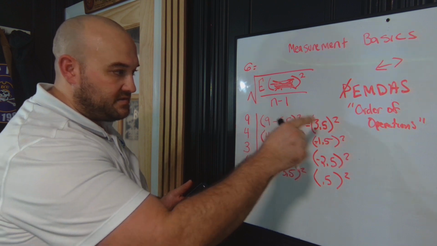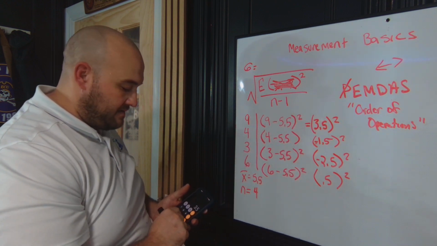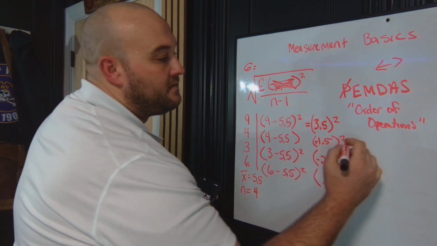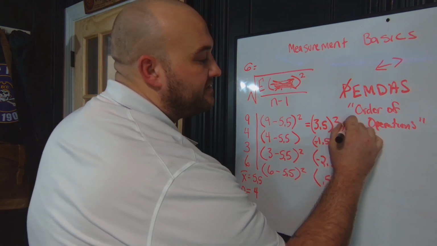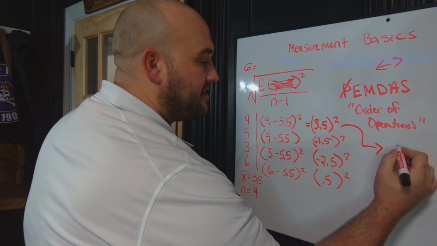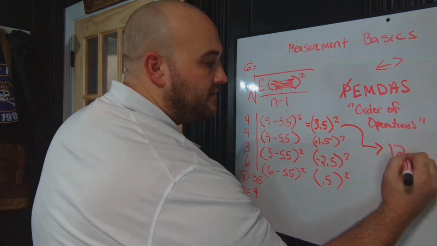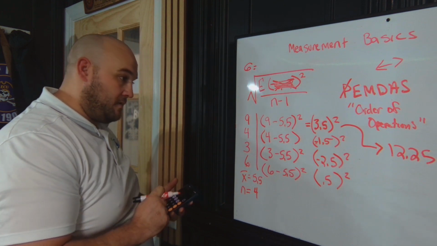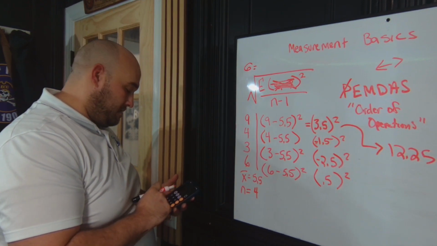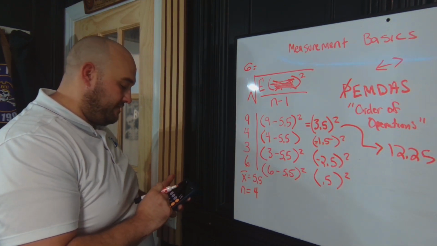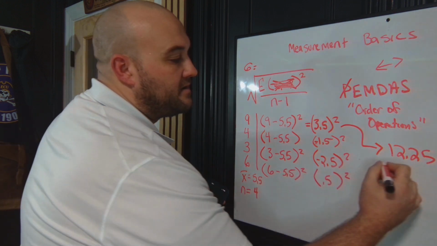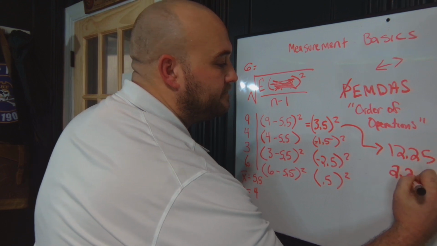Let's just do this. 3.5 times 3.5 is 12.25. 1.5 squared is going to be 2.25.